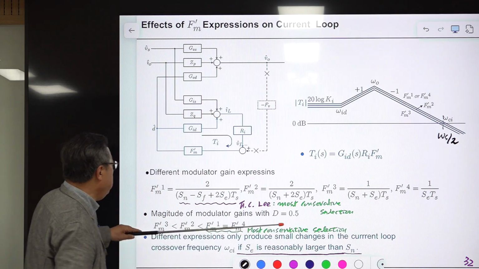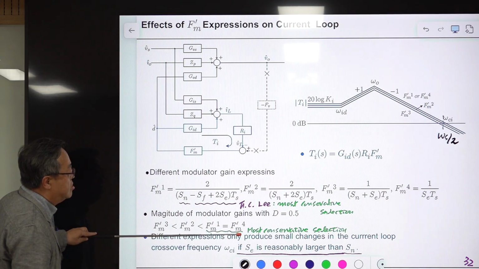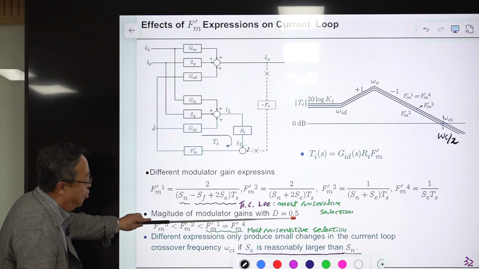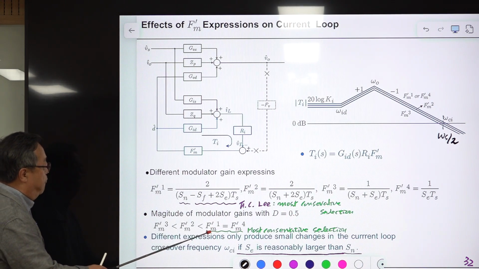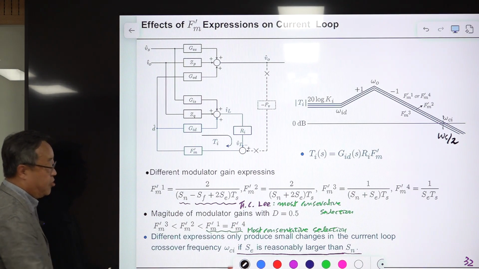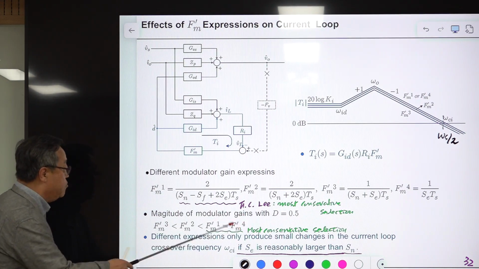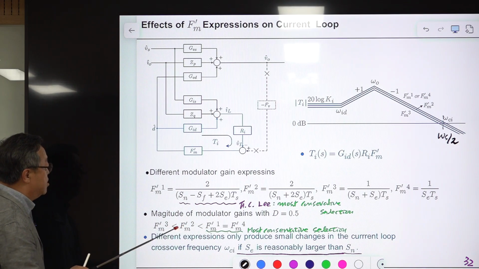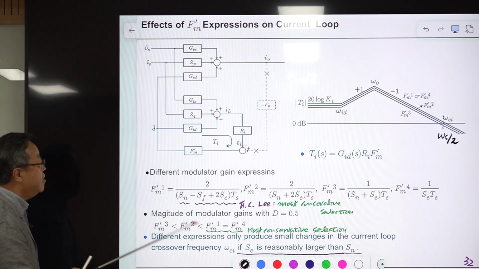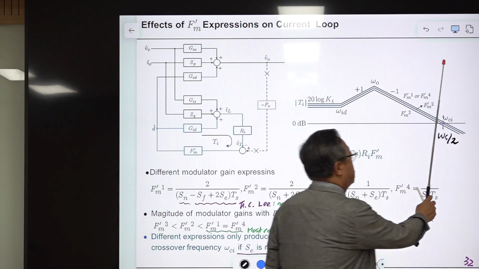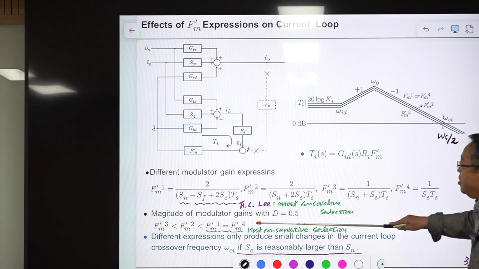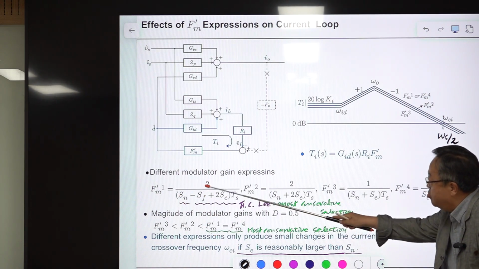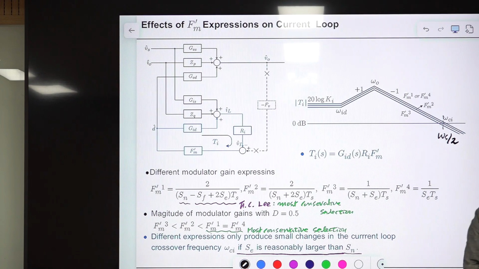Here we analyzed this. When D is assumed to be 0.5, then Fm prime 1 and Fm prime 4 are the same. This is the largest value among this comparison, and this one is smaller than this one. So when you select omega Ci using this expression, this one proposed by Ridley, the upper one derived from the middle expression of modulator gain, this is the most conservative selection and the safest choice among 4.